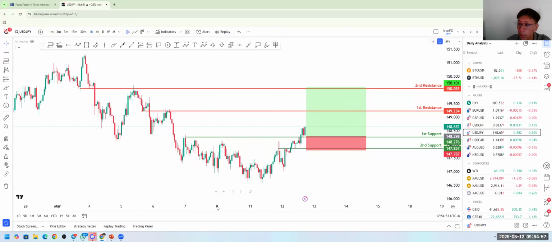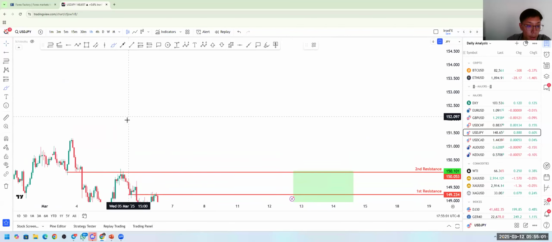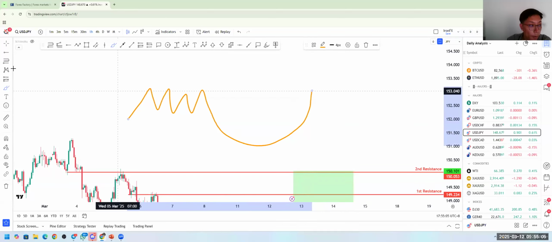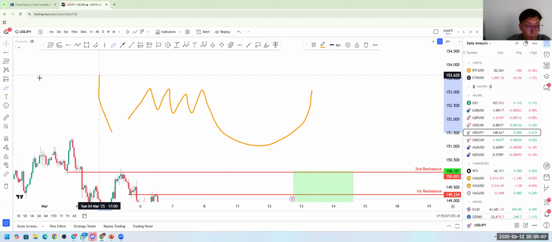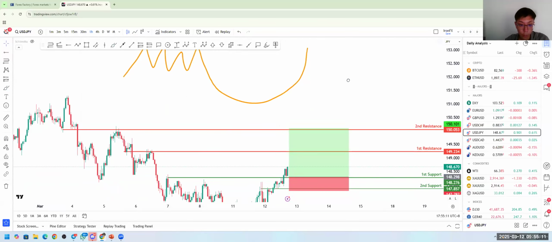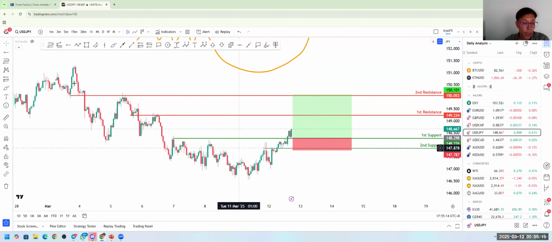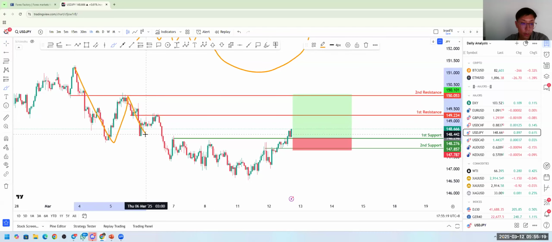It's not really cup and handle, because cup and handle is something like this, like that, and then like this. But this one is more of a market cycle, like lower high, lower low, lower high, lower low.